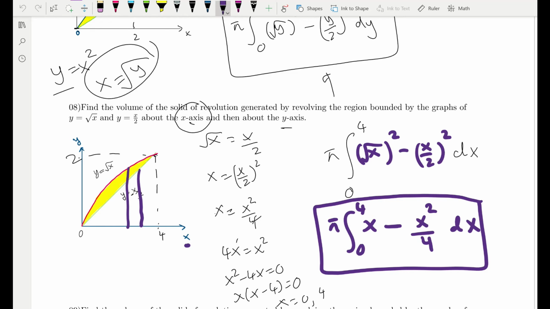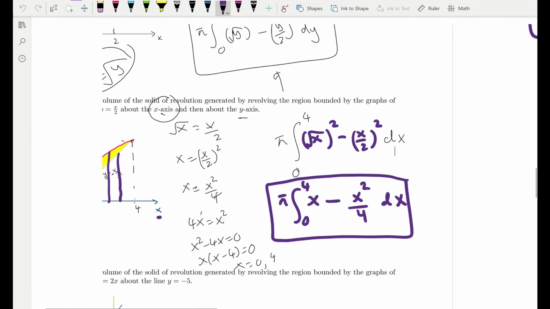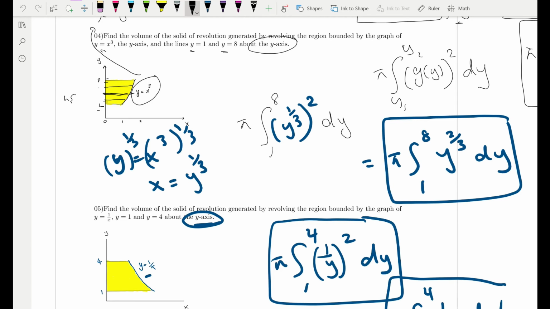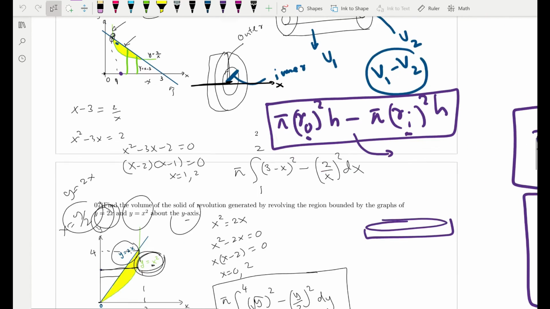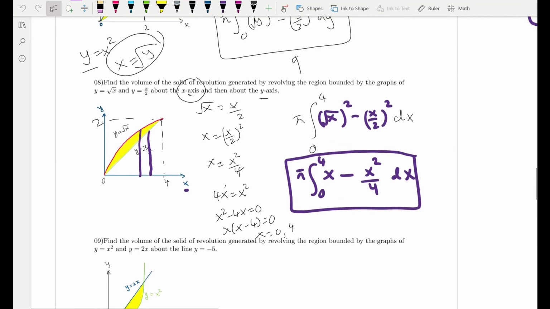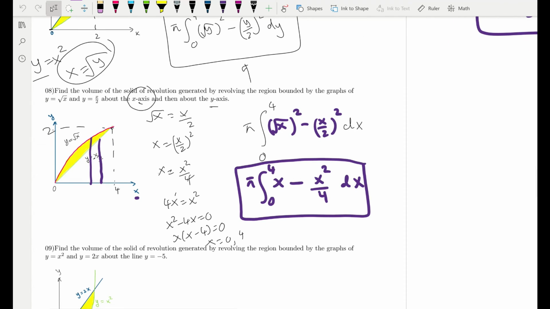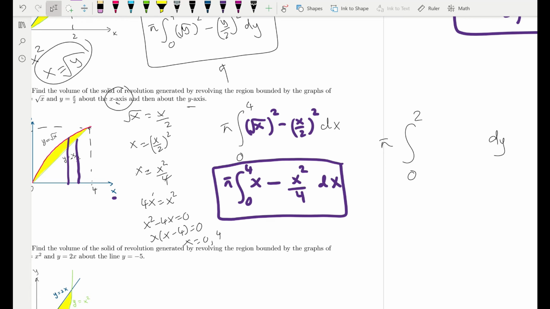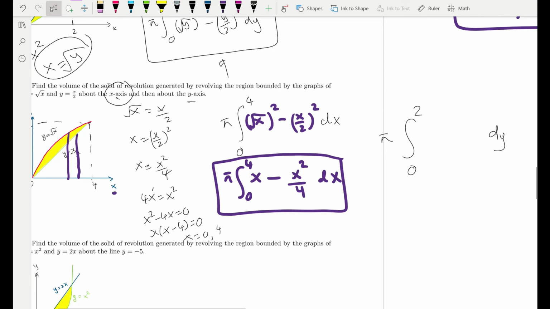Okay, right. Now let's assume you're rotating this around the y-axis. In this case, we are working with the limits of y. So the limits of y are going from 0 to 2, and pi dy, of course, because now you're setting the integral with respect to y because you're rotating around the y-axis. Now what did I ask you to do?